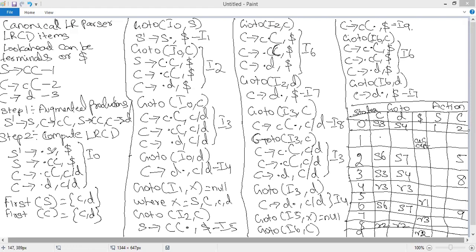So dot S comma dollar, this dollar is the look ahead symbol here. Why we are mentioning dollar is, at the initial stage, for the augmented grammar in all problems, the look ahead symbol will be dollar.